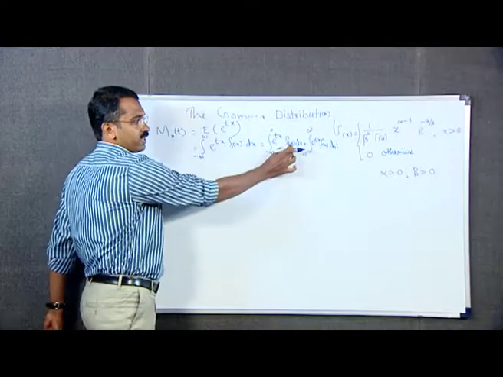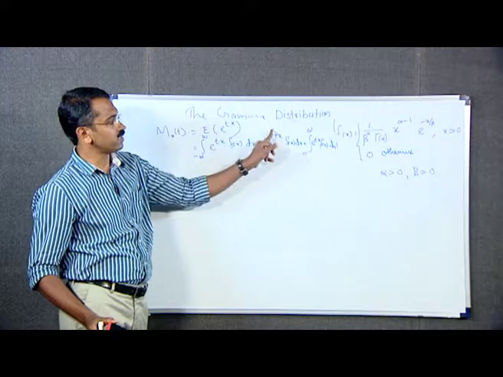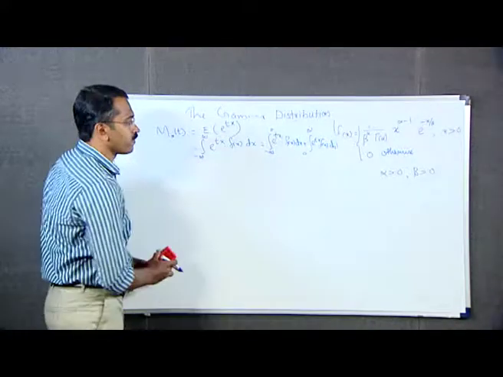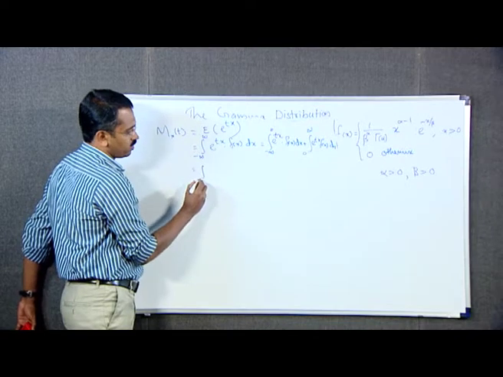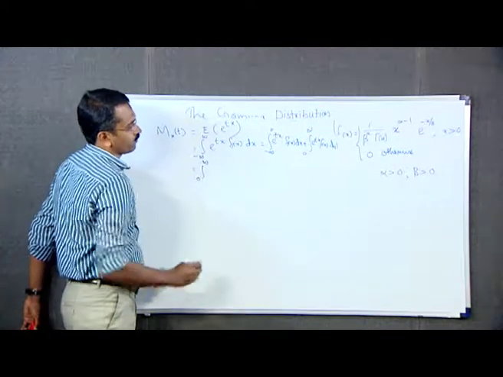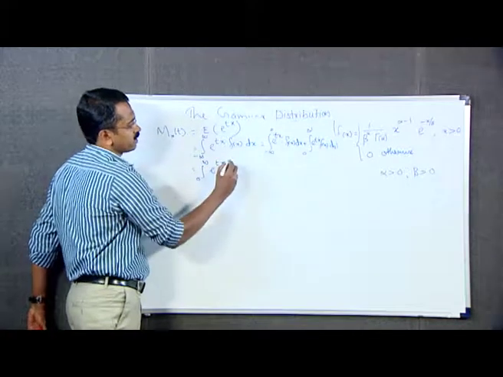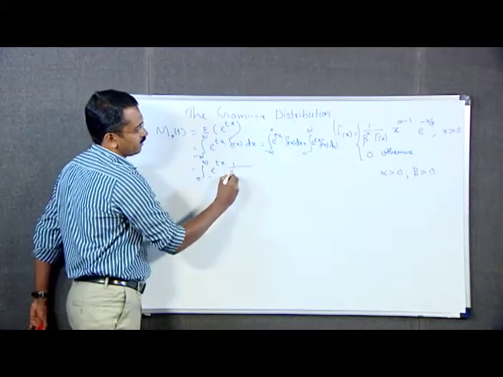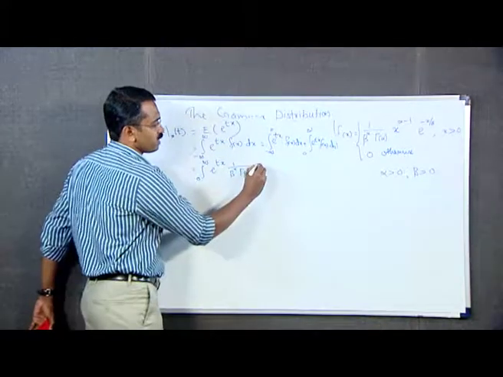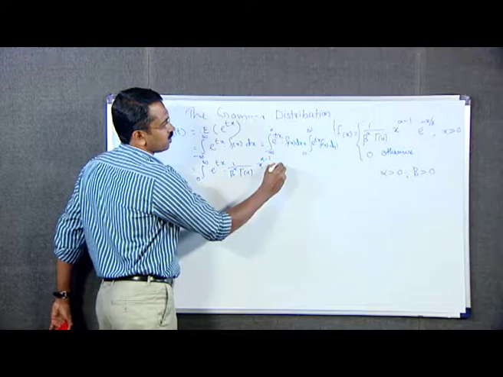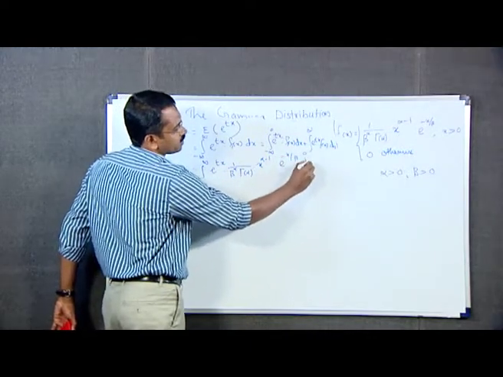In the first integral, the function is defined as 0 because x is less than 0. Therefore, this is equal to integral from 0 to infinity e raised to tx into f of x, which is 1 by beta raised to alpha into gamma alpha x raised to alpha minus 1 into e raised to minus x by beta dx.